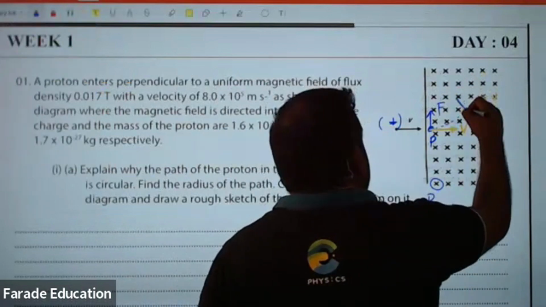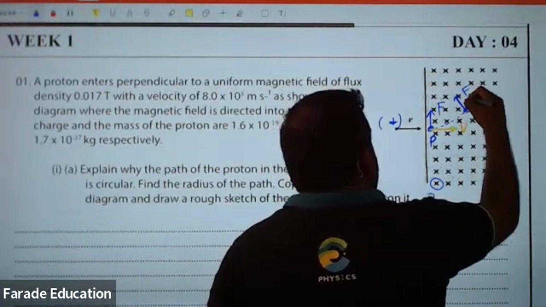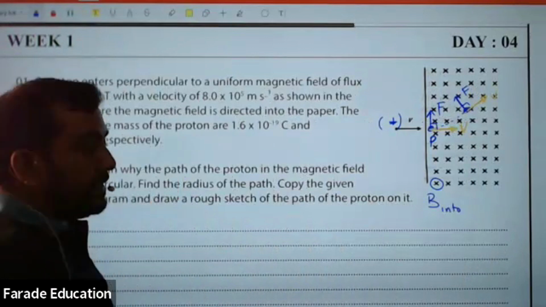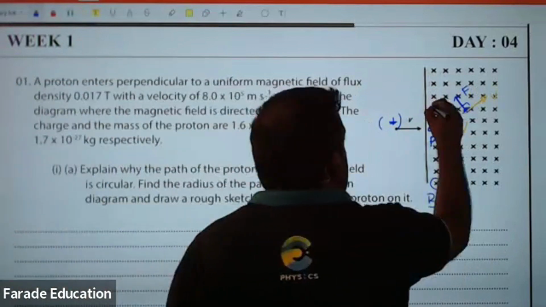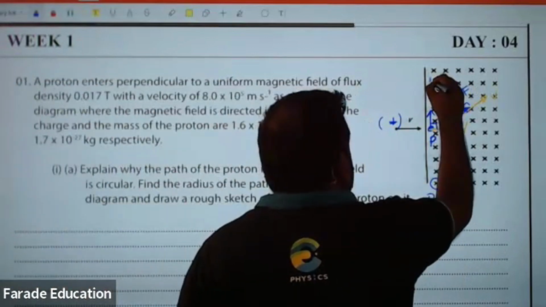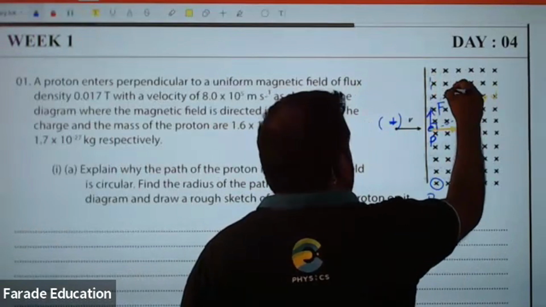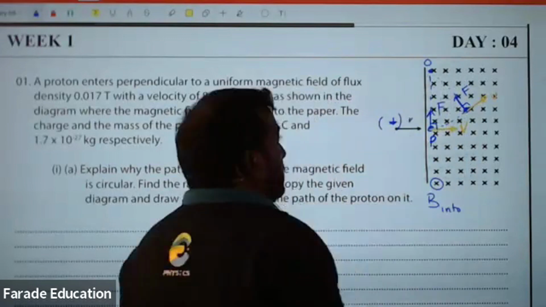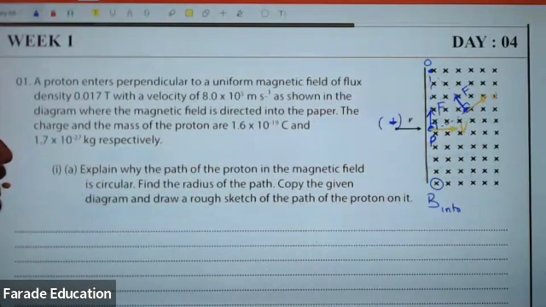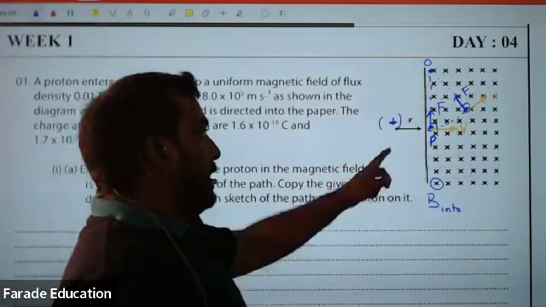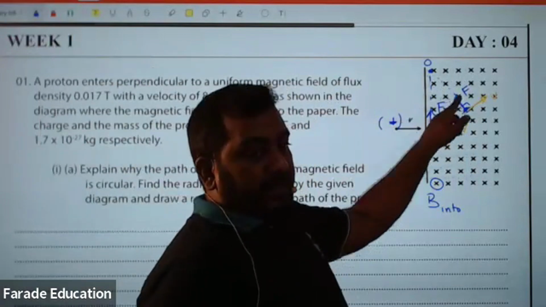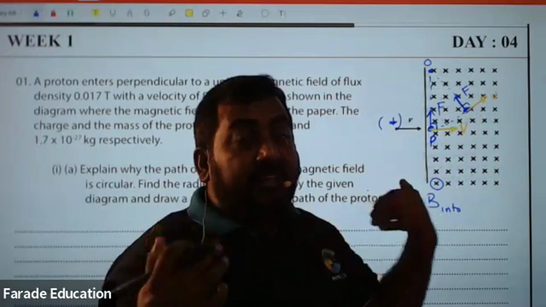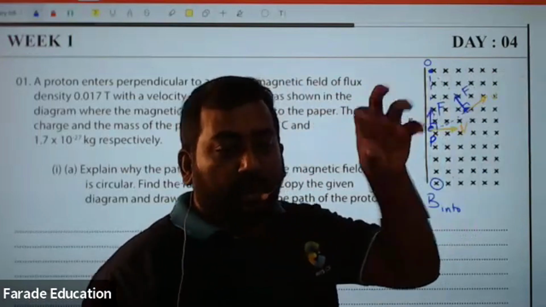The force is acting perpendicular to the velocity, and if I extend this, it's directed towards a single point. The force is perpendicular to the velocity and directed towards a single point, which we learned earlier in circular motion.